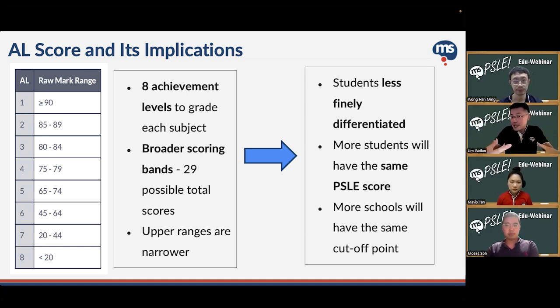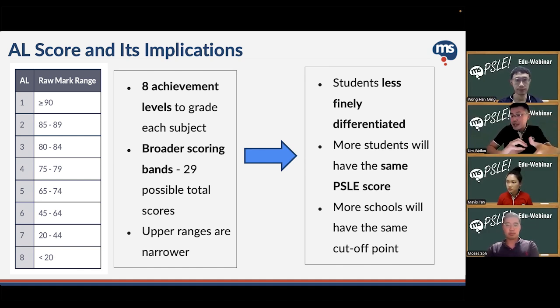And what it really means is that when it comes to the end of the year, when you have gotten your PSLE score and you are trying to select your schools, the important thing to note here is that your school choice matters, right? The school choices is not something that I will touch on in too much detail today because there are quite a lot of things that we are covering.